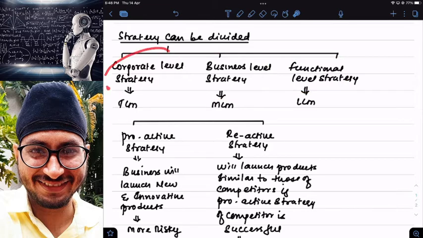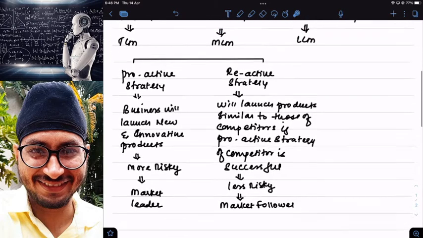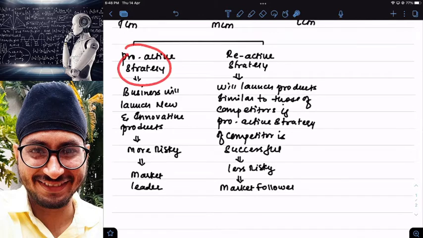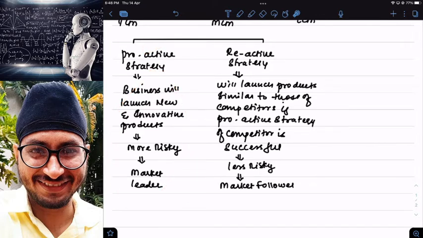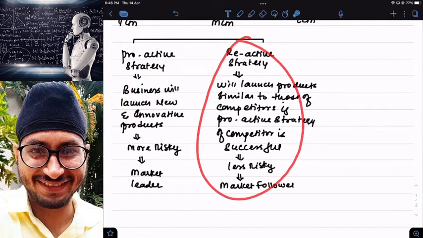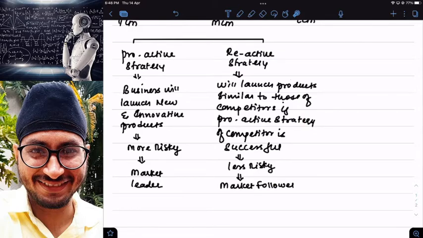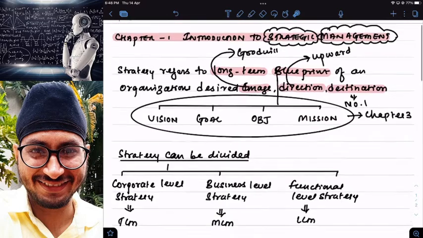Corporate level is related to top level management, business level to middle level management, and functional level to lower level management. And these can again be classified into how many types? Two types: proactive, reactive. Business launching new and innovative products is proactive. Business copying the strategy of a successful competitor is reactive strategy. This was a small concept on strategy.